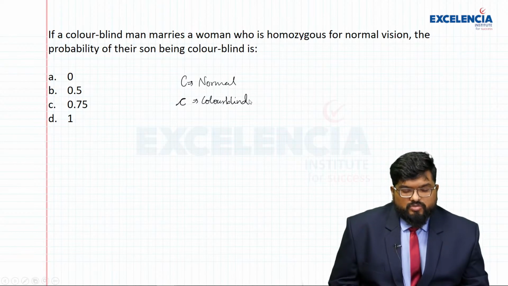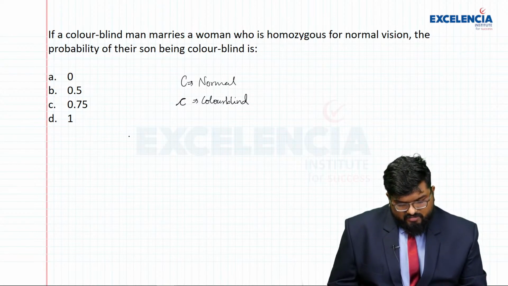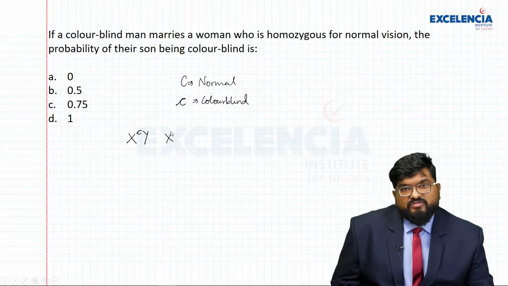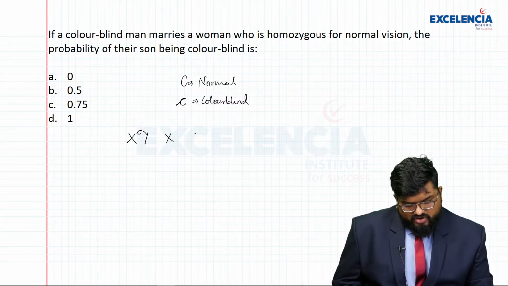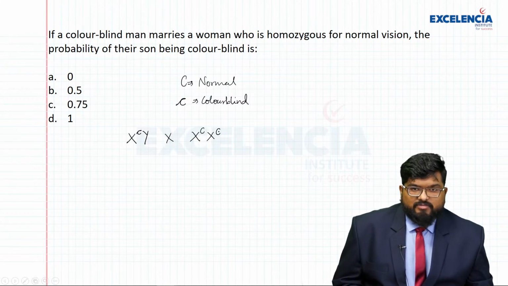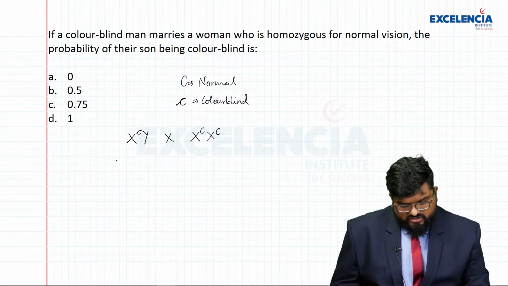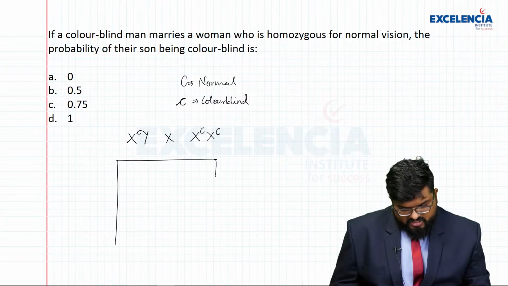So what does it say? Colorblind man. So X, small c, Y marries a woman who is homozygous for normal vision. So that is crossed with capital C, isn't it? Normal condition. So let's make a quick Punnett square.